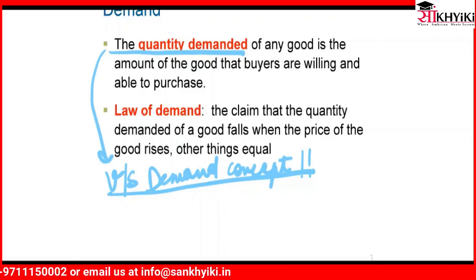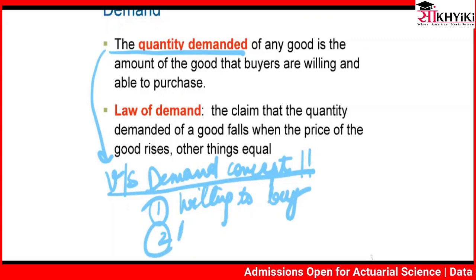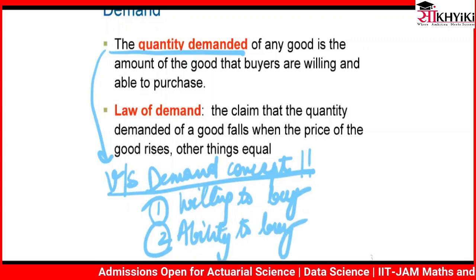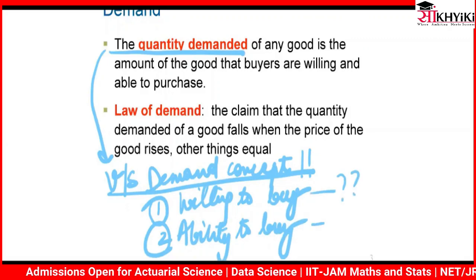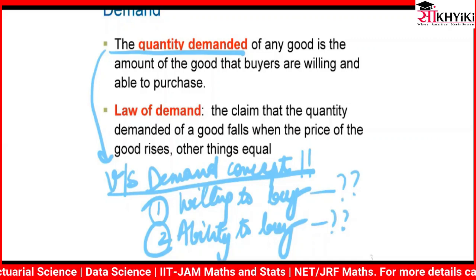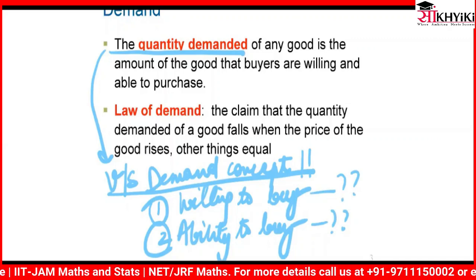Now, whenever you go to the market, there are two main things that you should consider. First, you should be willing to buy a thing. Second, you should have the ability to buy that thing. Now, what are these two things and how are they different? First, suppose I go to the market and I am willing to buy the most luxurious diamond, the most luxurious stone, the most luxurious car.